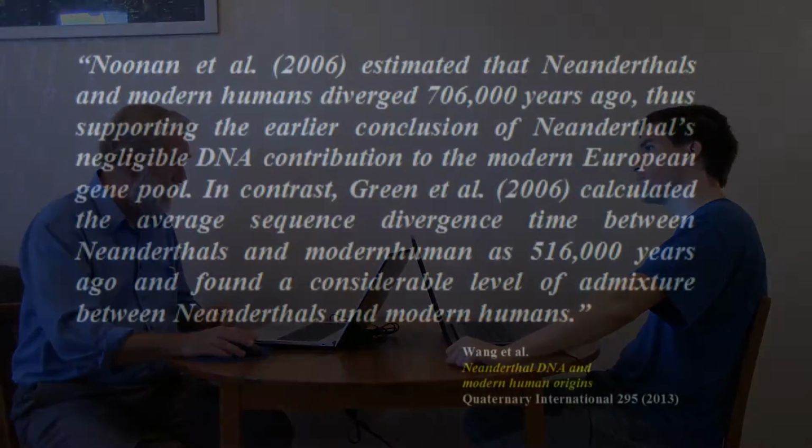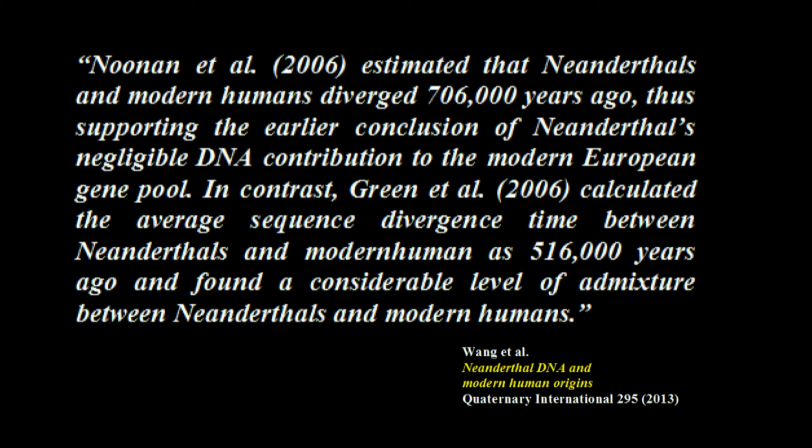Well, it shows you that it's not an exact science, that these guys are just giving you their opinions. Whatever they're doing in those labs, it's not objective, it's subjective. They're just trying to prove admixture at all costs, and they're just playing around with the numbers. And here's the punchline on this. Wang, 2012, okay?